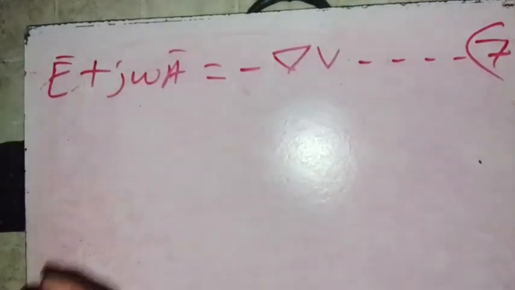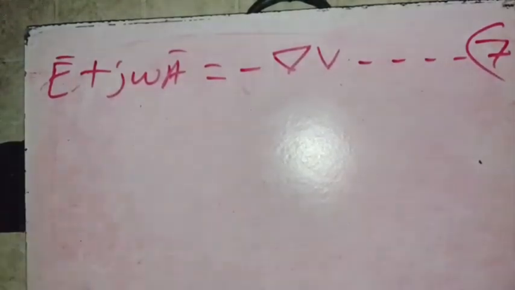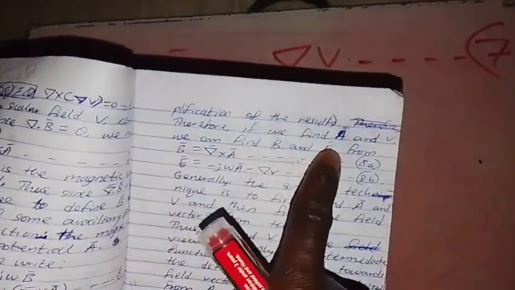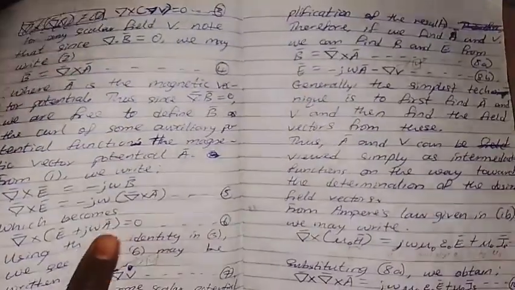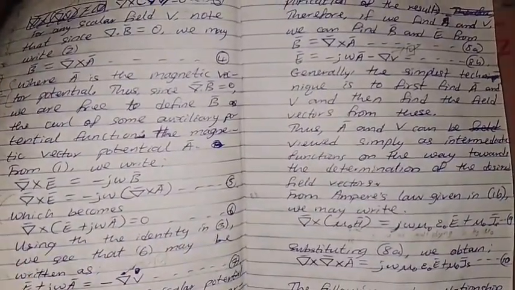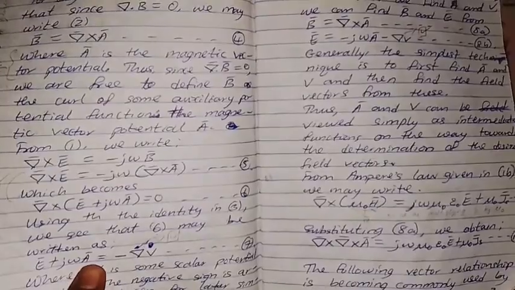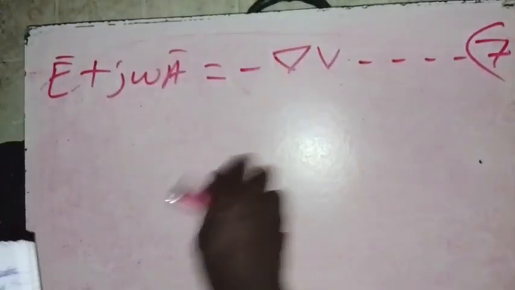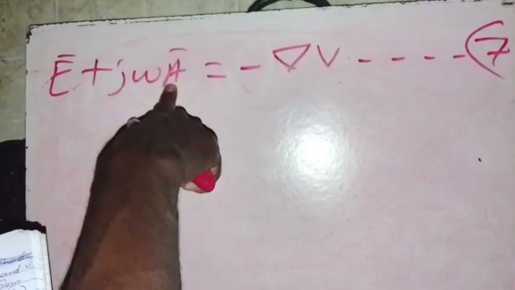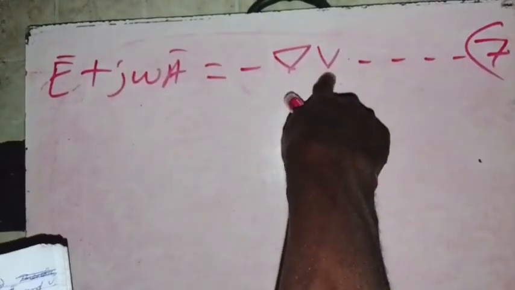Now, to move to the next thing, this is what is said in our notes: if we find A and V, remember we already have equation 7 bearing A and V, the vector potential and the scalar potential. So you see the two potential functions.